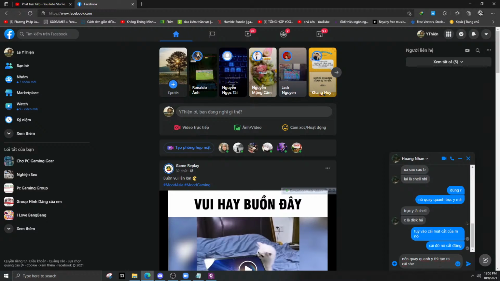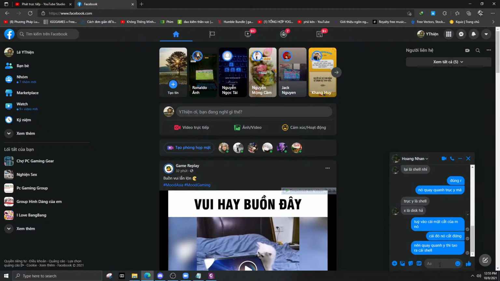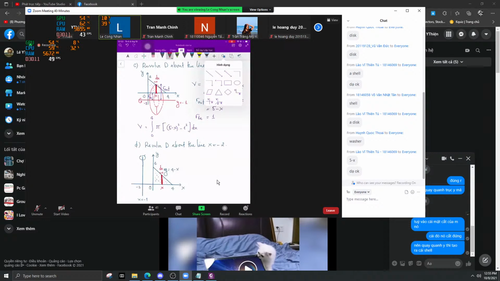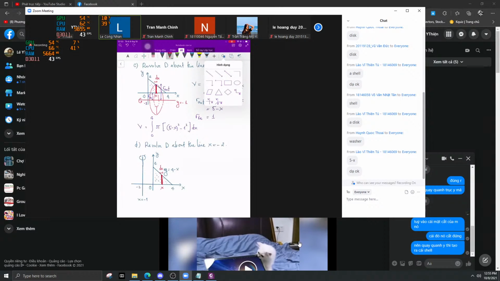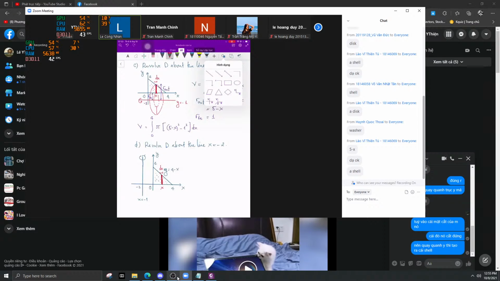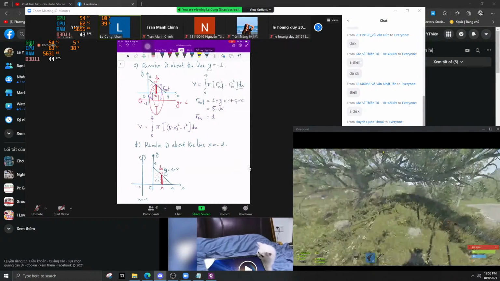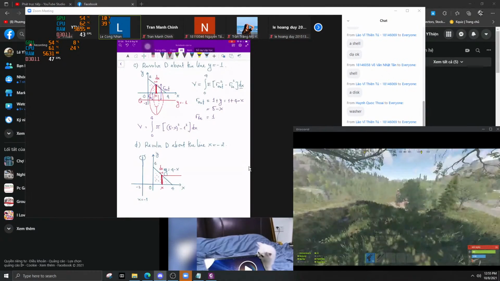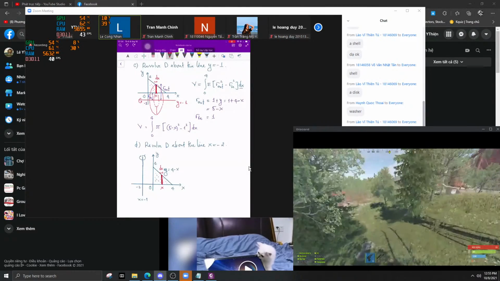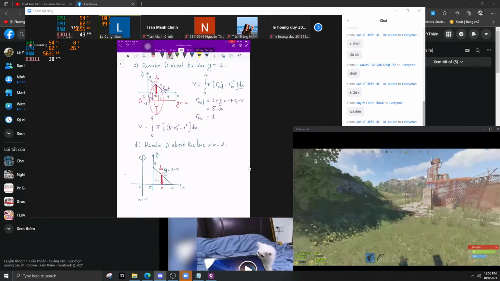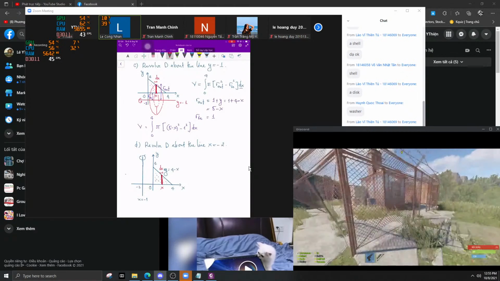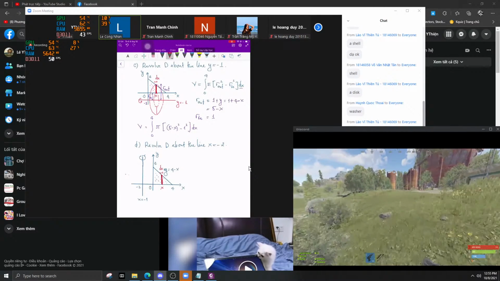So if we rotate this about the axis of revolution x equals -2, what do we get? We get a shell. Why do we get a shell? Because if we rotate this, it looks like this.